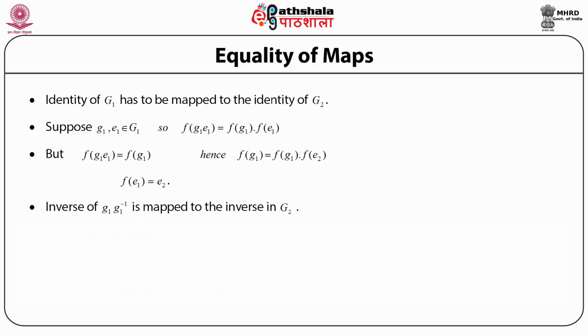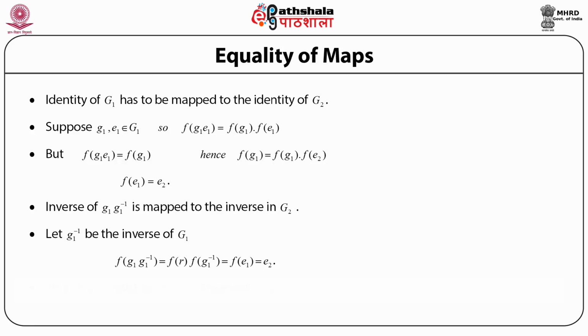Likewise, the inverse of g1, g1 prime, is mapped to the inverse in G2. Let g1 prime be the inverse of g1. Then the map F of g1 g1 prime is equal to the map of g1 into the map of g1 prime, is equal to the map of e1, which is e2. Therefore, what does it mean?